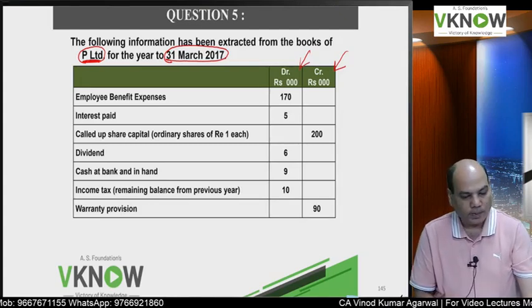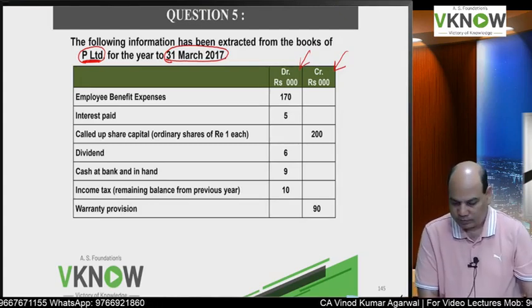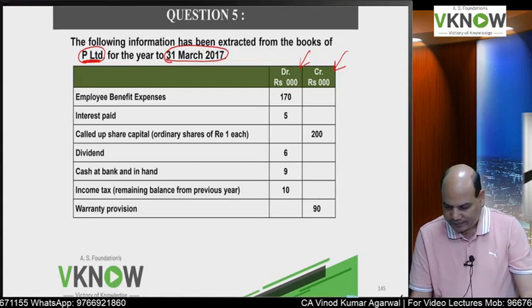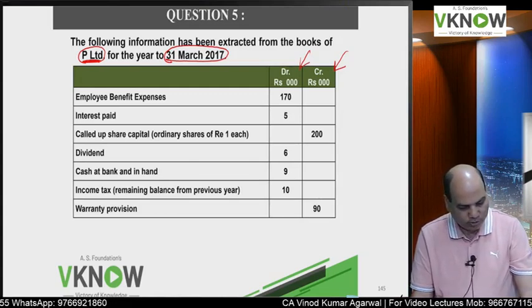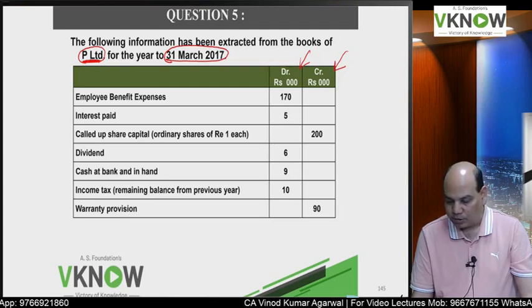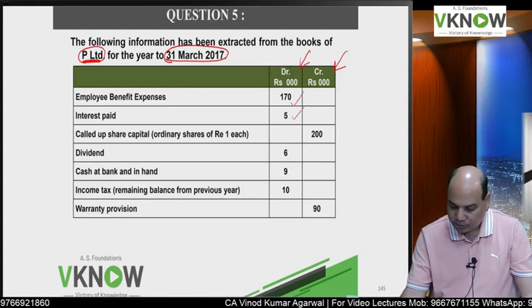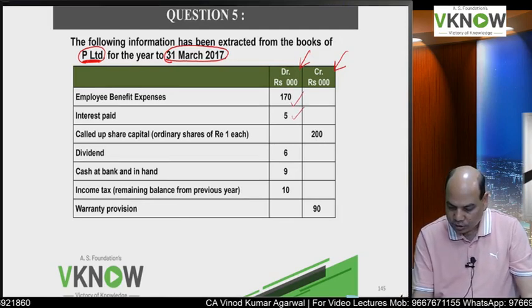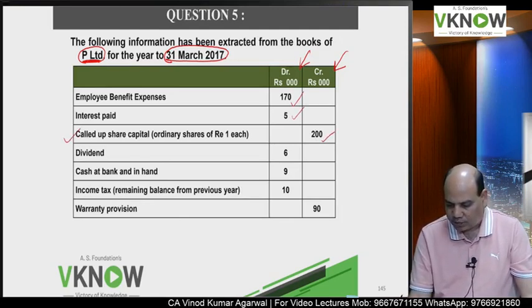Then you are given employee benefit expense. Where will you put it? P&L account, SOPL. Similarly, interest paid will go to SOPL. Called up share capital will go to share capital in the balance sheet.